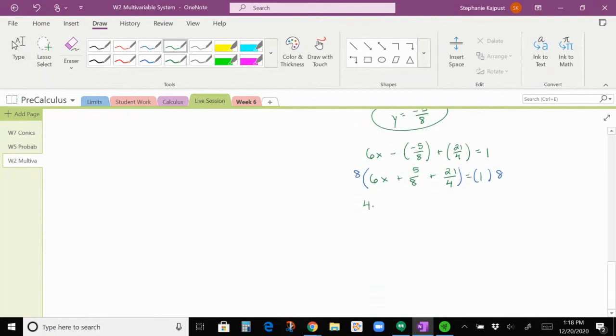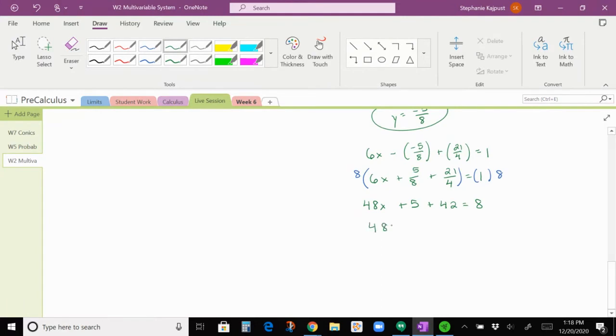So 8 times 6 is 48. 8 times 5/8 will cancel out the 8. 8 times 21 over 4, you can basically do 8 divided by 4, which is 2, and then multiply that by 21, so that's going to be 42. And then we get 8 on the right side.